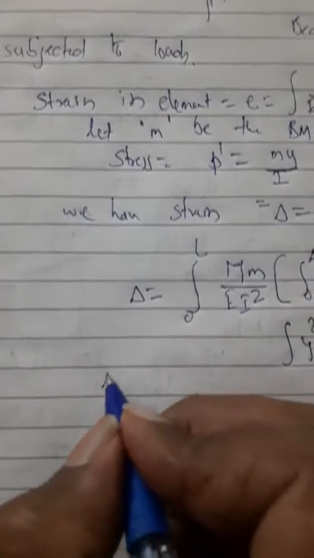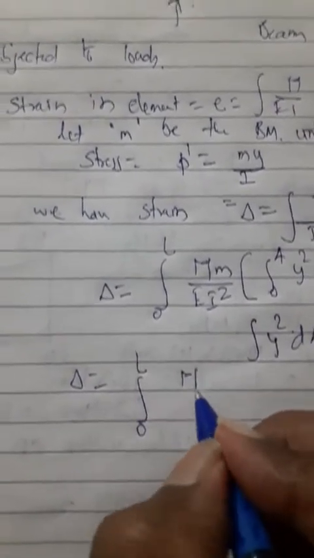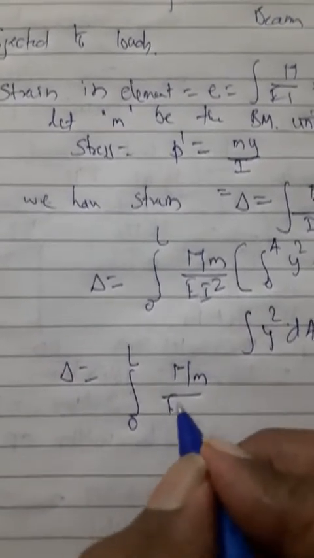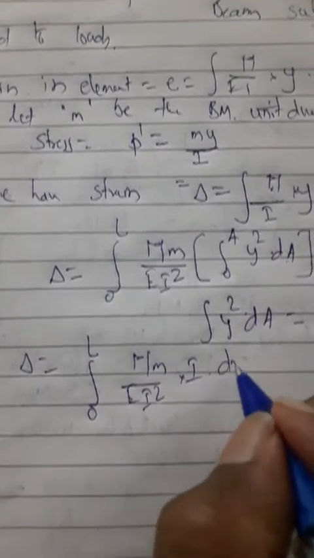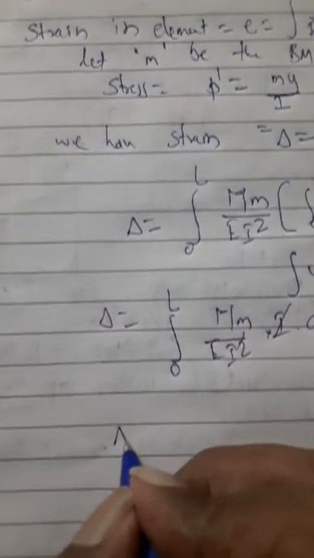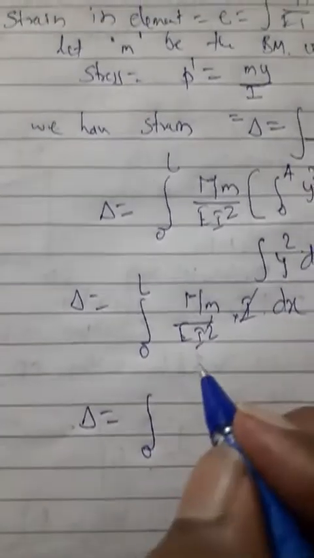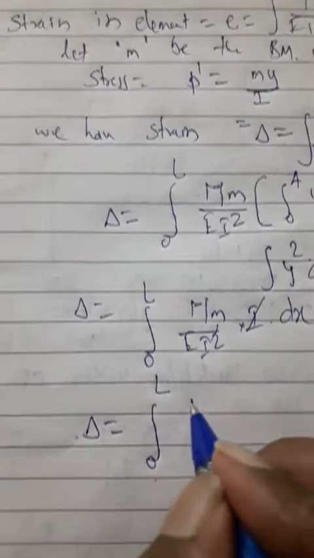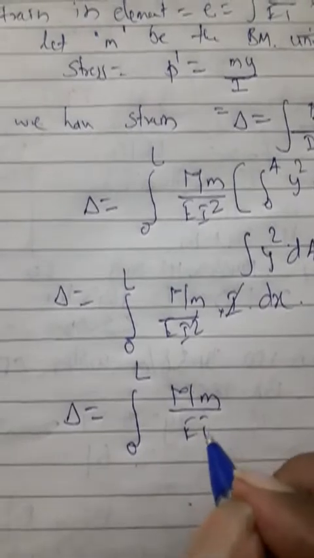Hence I can write delta is equal to integration of 0 to L of capital M small m by EI squared into I dx. So this gets cancelled. So I have delta is equal to integration of 0 to L of capital M small m by EI dx. This is the equation for beams.